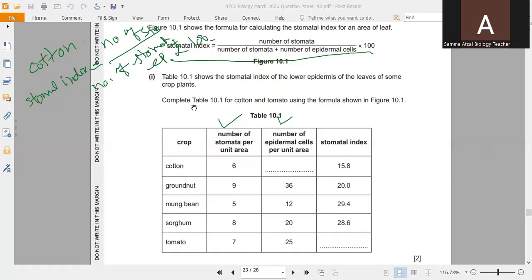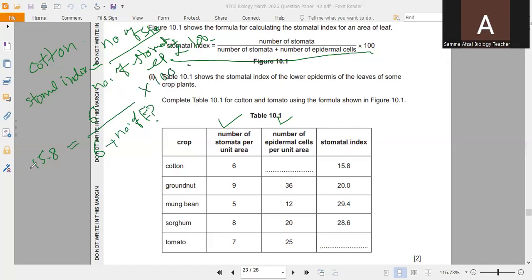So we'll put the values over here. The stomatal index is 15.8, equal to the number of stomata, which is 6, divided by 6 plus the number of epidermal cells, which we put a question mark over, multiplied by 100.